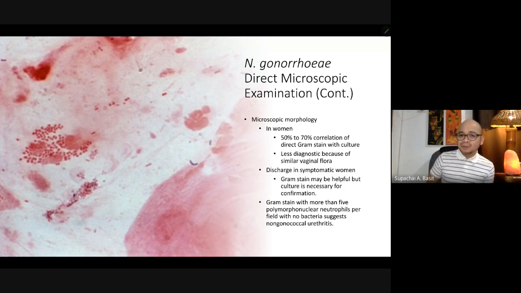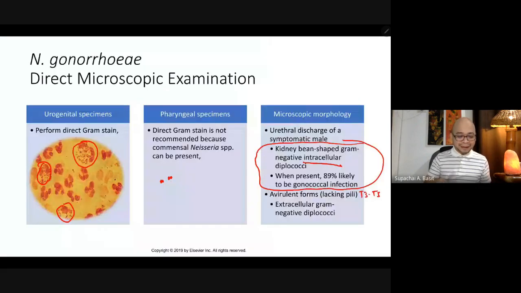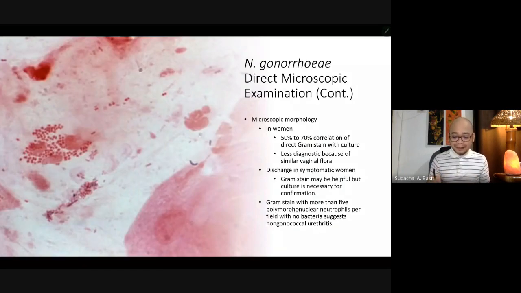However, if women have discharge, gram stain may be helpful, but we still need culture to confirm it. For males, when urogenital specimens show this, they are no longer cultured; they are given antibiotics right away. But for women, culture is necessary for confirmation.